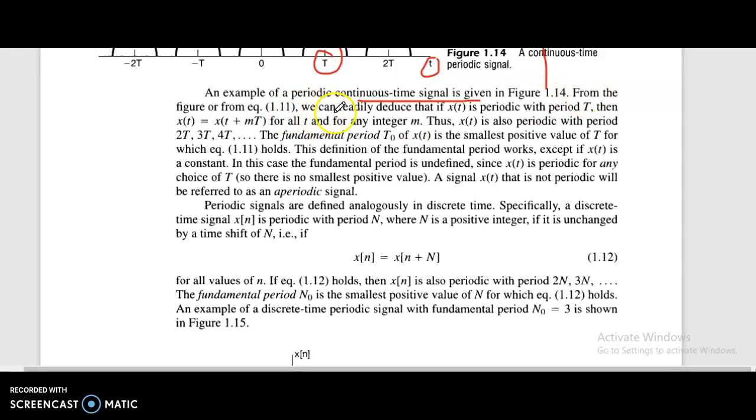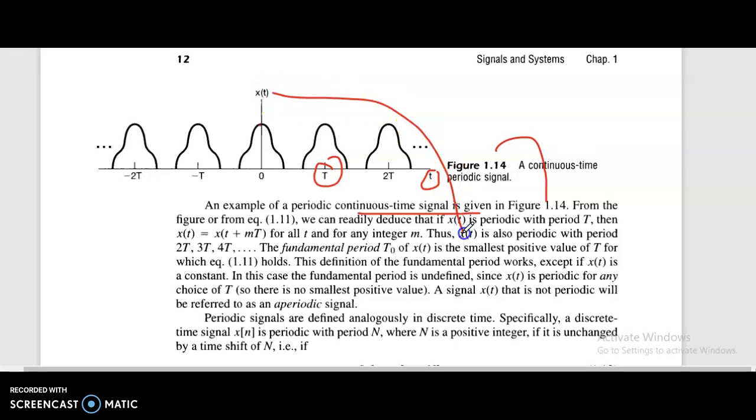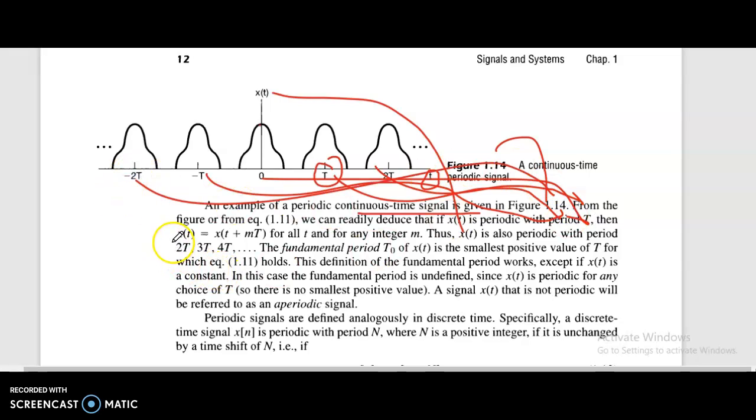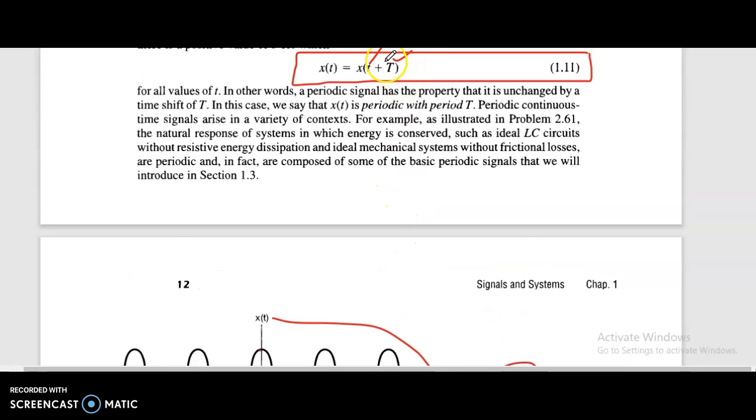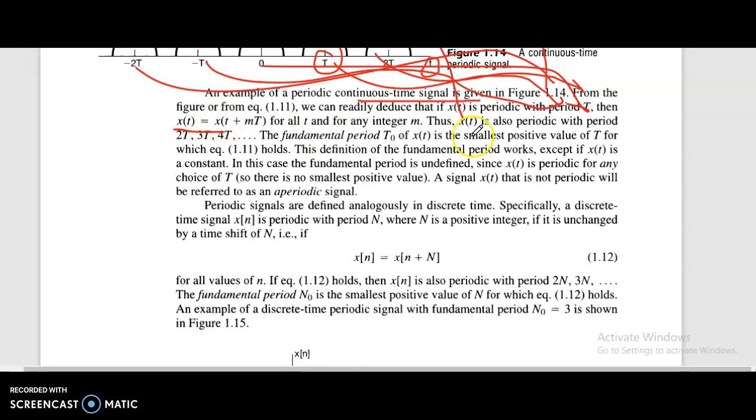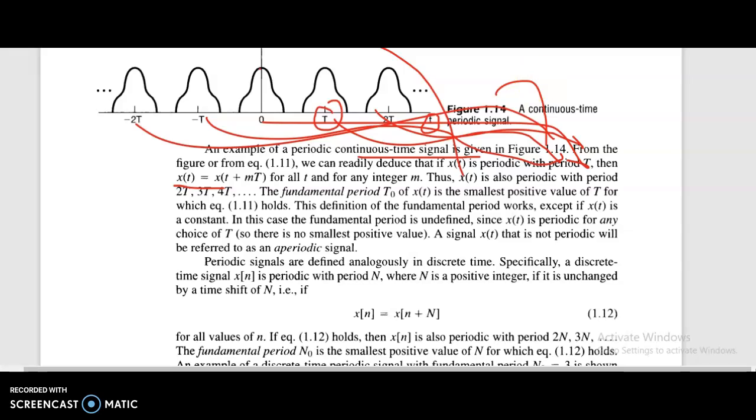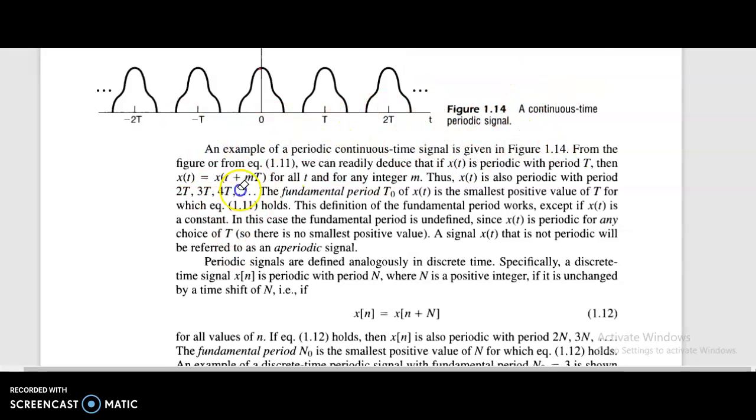We can readily deduce that if x of t is periodic with period T, then x of t equals x of t plus mT for all t, for any integer m.